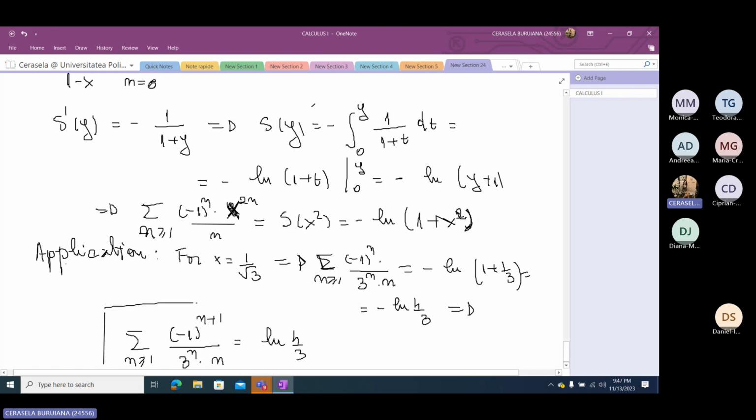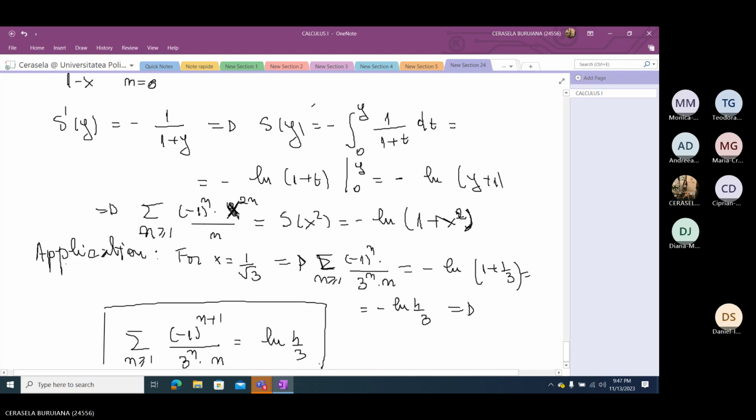So I got the fact that the sum of this series of numbers has the value logarithm 4 over 3. And this is it. So this chapter, power series, has nice applications when it comes to the computation of series of numbers. All right.